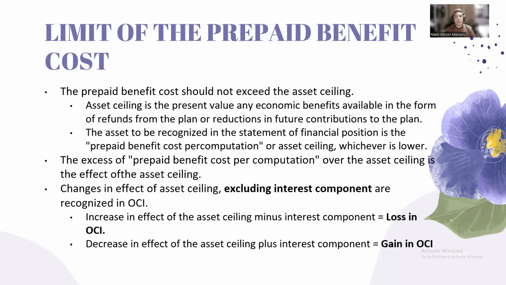The asset to be recognized in the statement of financial position is the prepaid benefit cost per computation or asset ceiling, whichever is lower. So the excess of prepaid benefit costs per computation over the asset ceiling is the effect of the asset ceiling. So the changes in effect of asset ceiling, excluding interest component, are recognized in OCI.